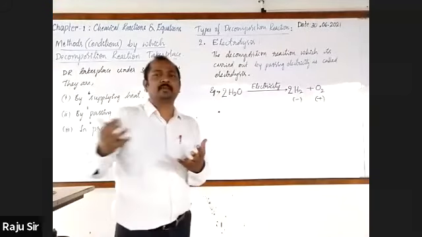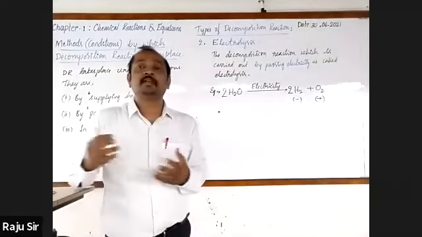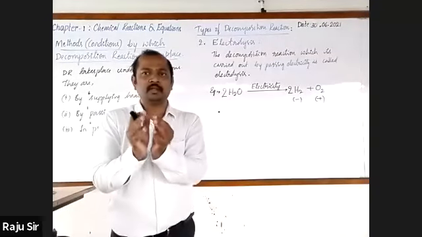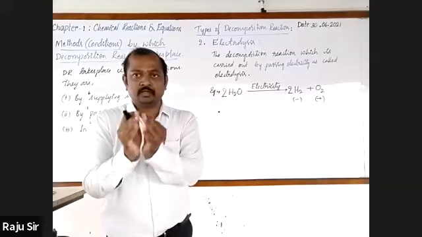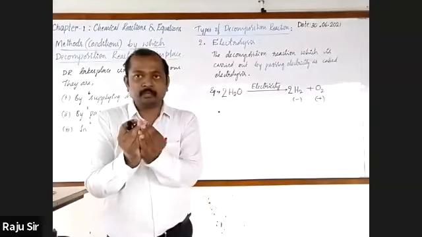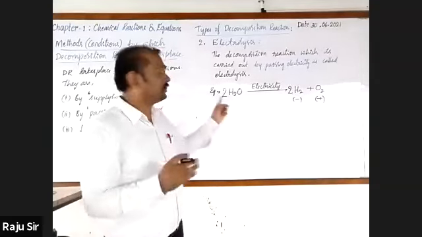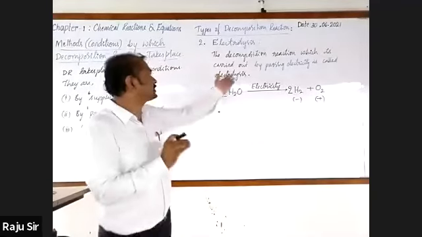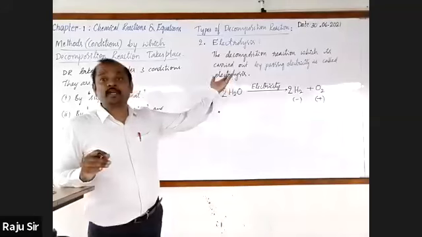We will discuss the extraction of this sodium chloride in the chapter called metals and non-metals. For general information, this sodium chloride, which is available in molten state, is used for extracting sodium metal by a process called electrolysis.